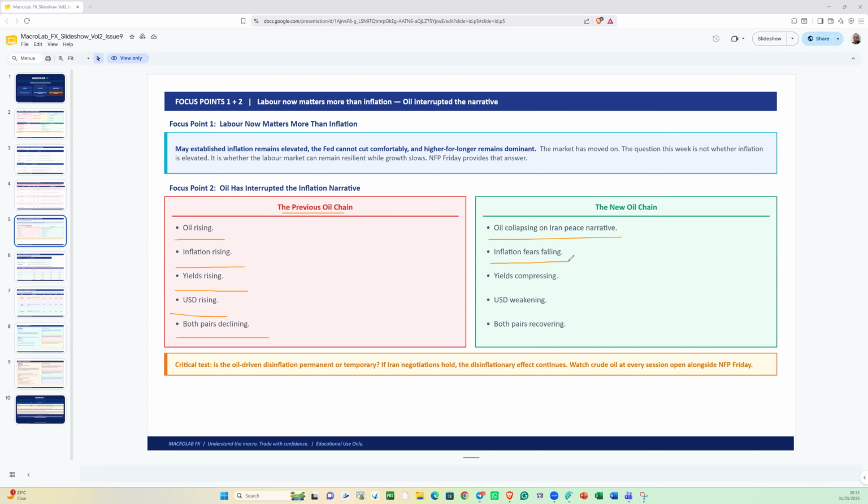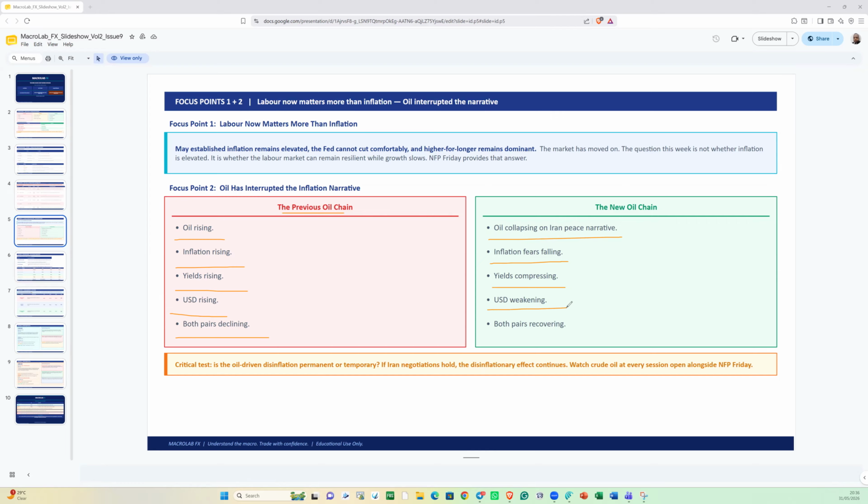And of course, if you look at it clearly, you will see that the bond market yield is also compressing. At least I think sometime last week it rose up to 4.7, near 4.9. But now it's currently at 4.0. So that's a huge decline. Okay, that's about a 10 basis point decline.